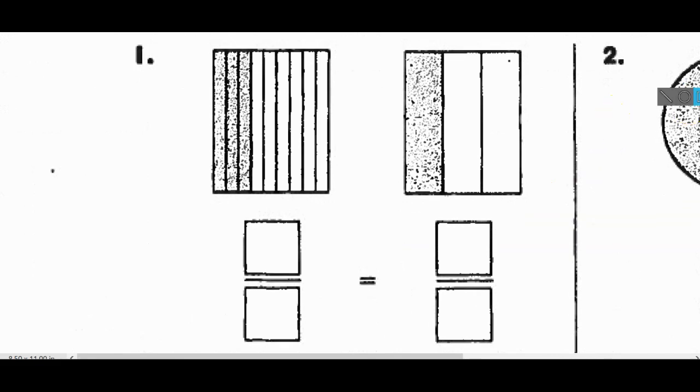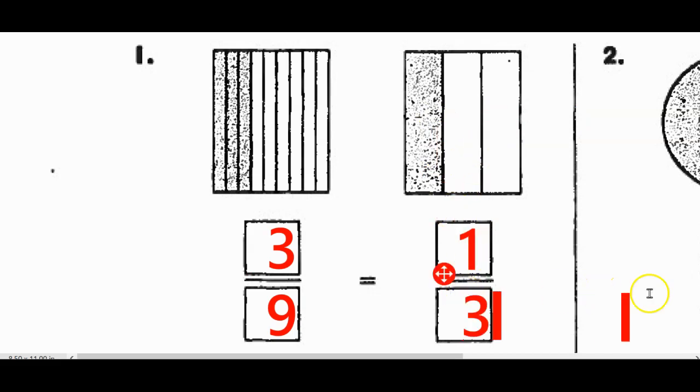All right. Let's see. On the first one, how many are shaded in? 3. 3 out of how many? So 3, 4, 5, 6, 7, 8, 9. 9. So this is 3 ninths. Okay. Here, how many are shaded in? 1 out of 3, 1/3.